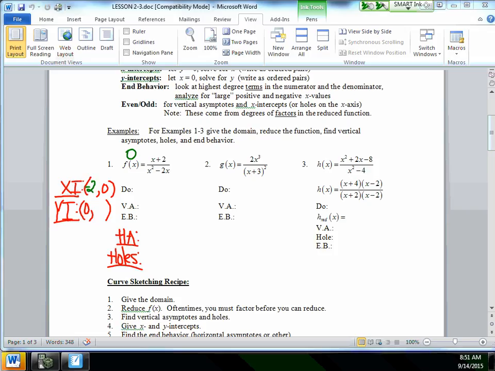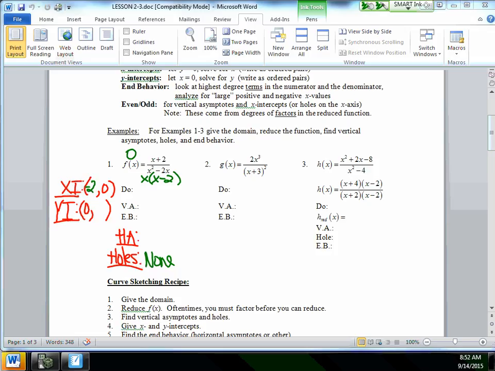Now to get the y-intercept, if we notice, this will come down into our domain. Let's factor things out. x, and then we get x minus 2. And we notice nothing's going to cancel, so I can hurry and answer there are no holes. But on my y-intercept, can x be 0?